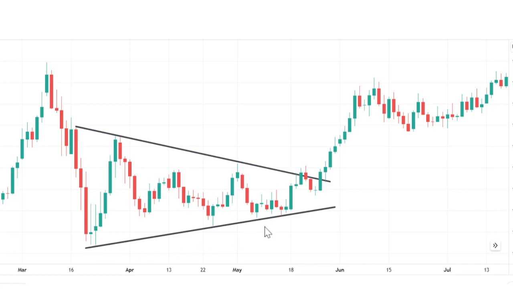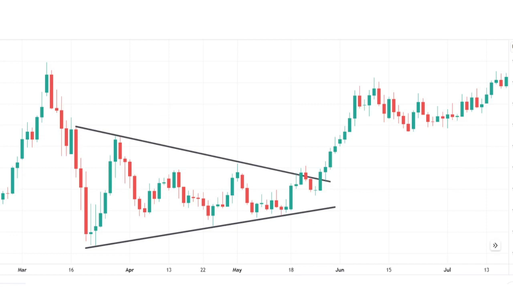So we could either enter this trade on the breakout, in this case this candle here, or when this price comes back to this line here. We already know how we can take a stop loss or place our target price.